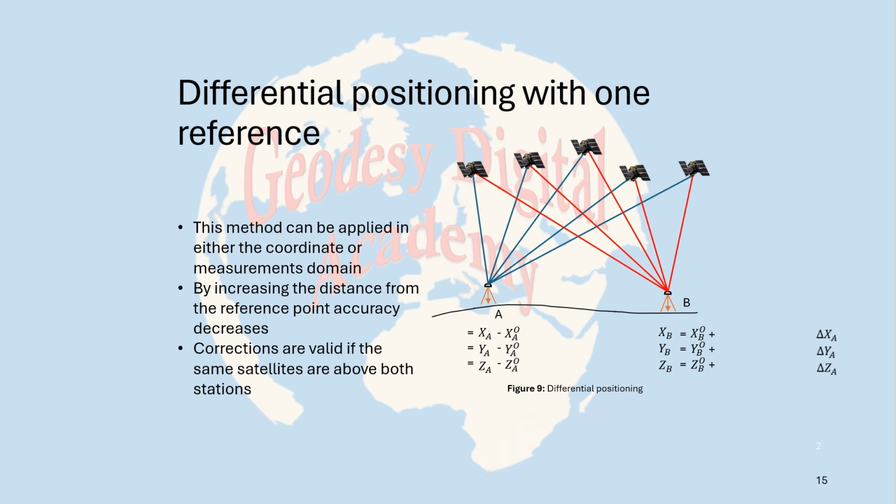We can always have one satellite come in, or one satellite go out of the horizon. So we may have a problem then. But in that case, we can somehow approximate the coordinates of point B. So it is very good when point B, or the unknown point, is close to the known point.